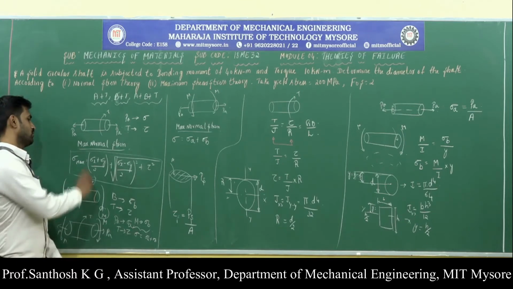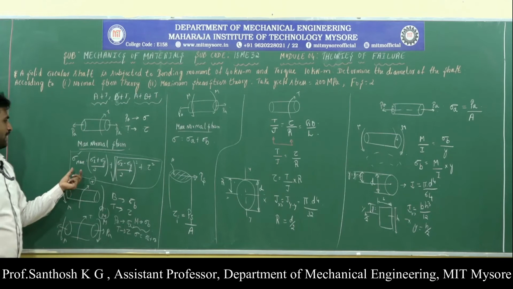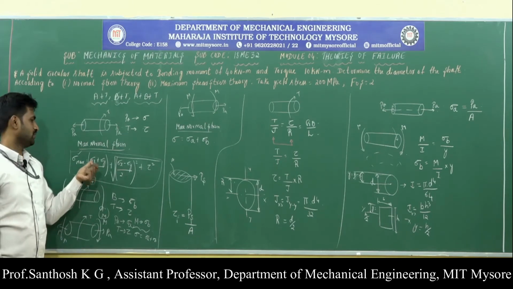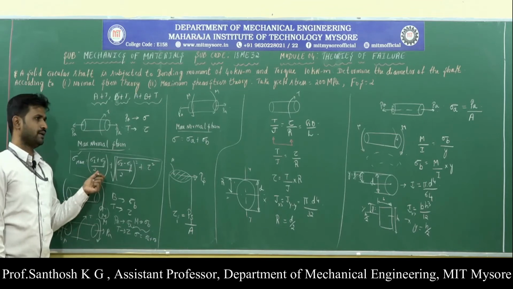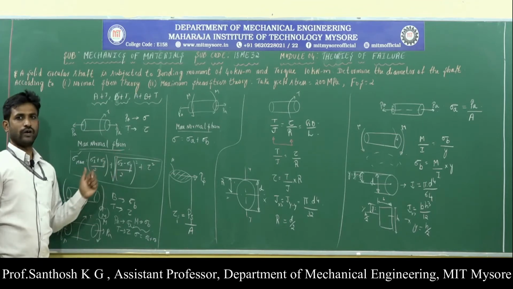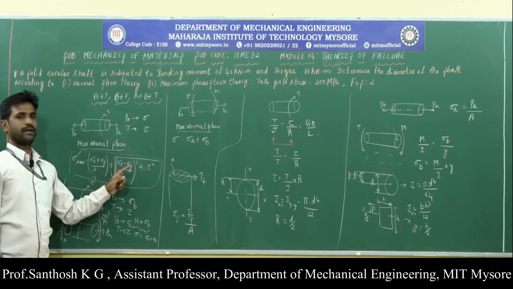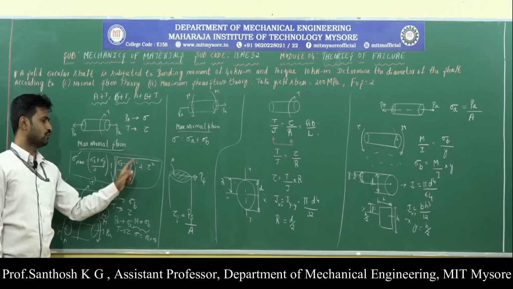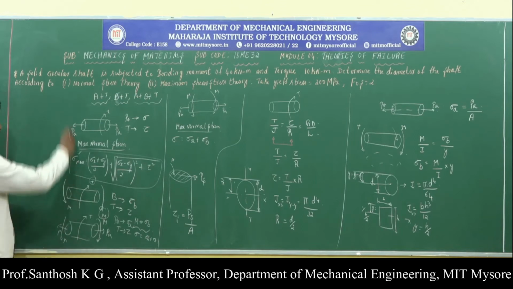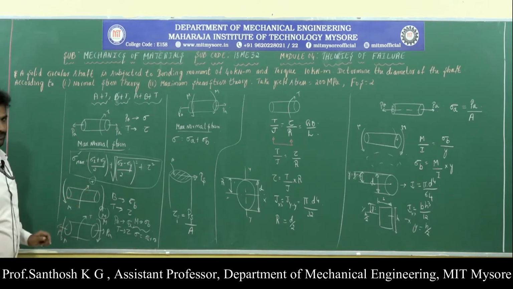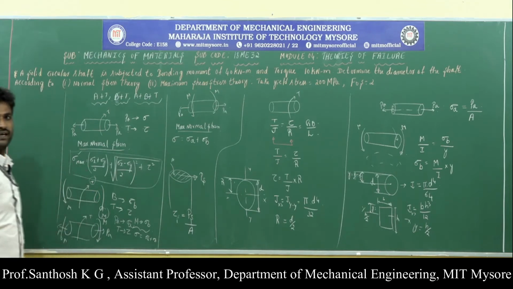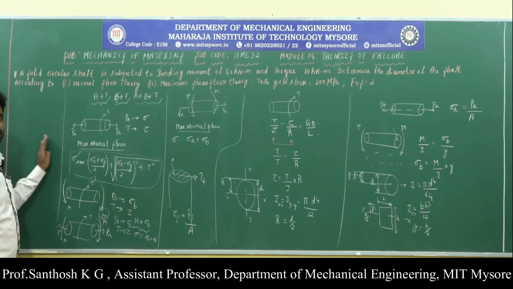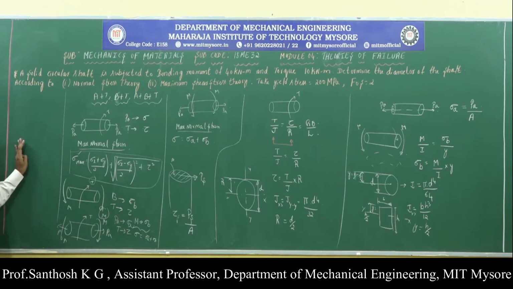In this case also, to find the maximum normal stress, we will use the same equation: (sigma x plus sigma y)/2 plus square root of ((sigma x minus sigma y)/2) whole square plus tau square. Then we will be using two theories. One is called the maximum normal stress theory, and the second one is the maximum shear stress theory.